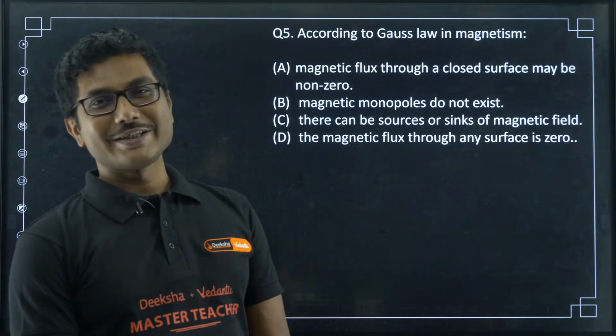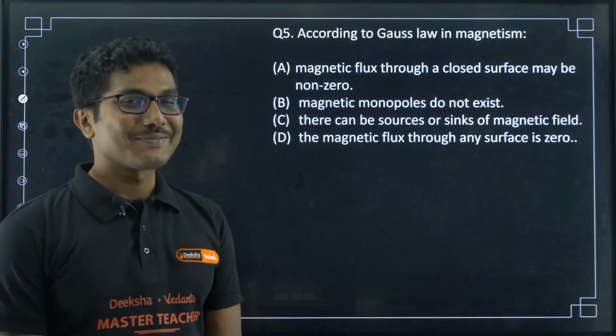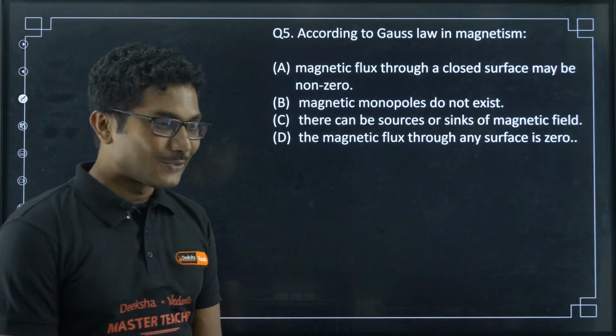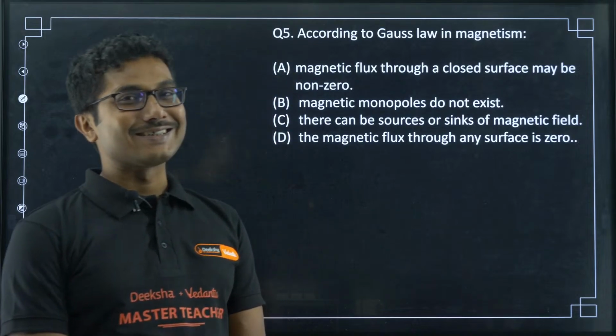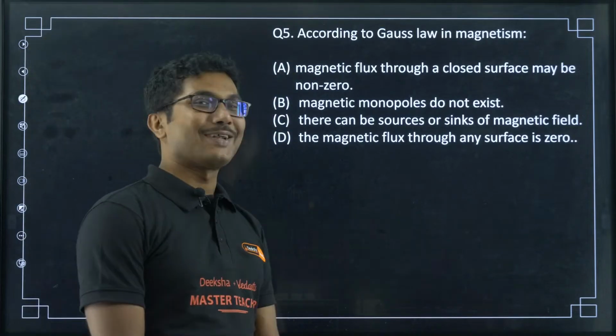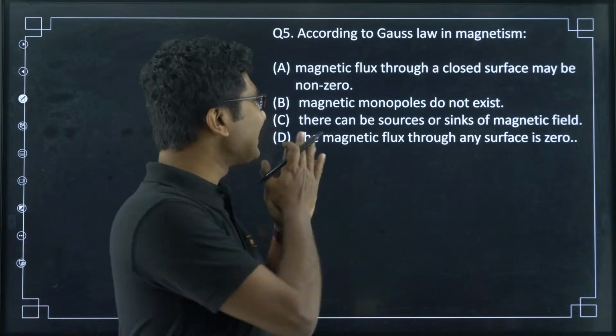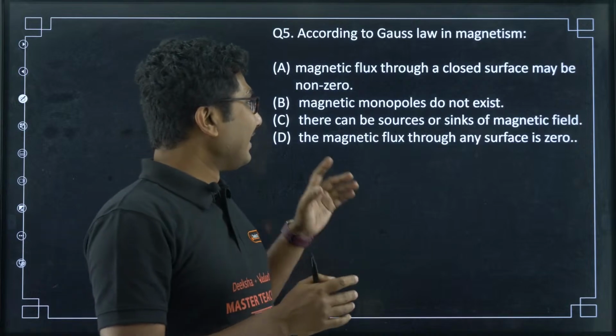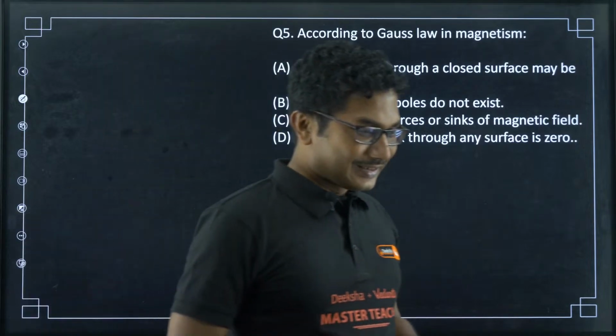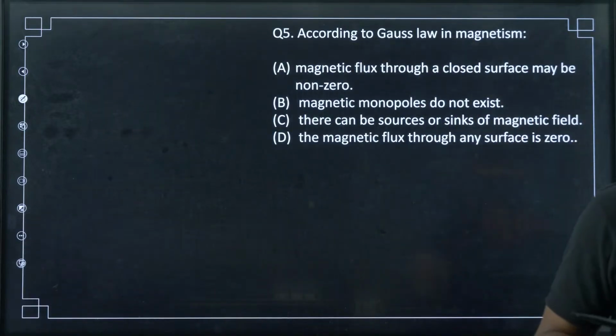There are two options which might feel correct, but only one of them is correct. So be careful. The question is simple, the options are interesting. This is a tricky question, very simple and easy, but people will get confused.